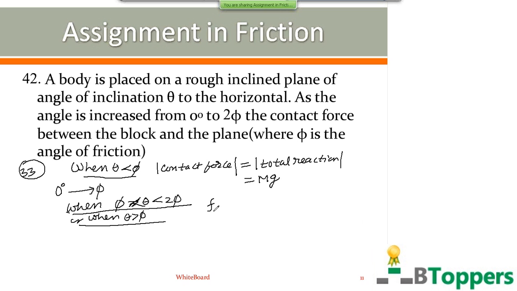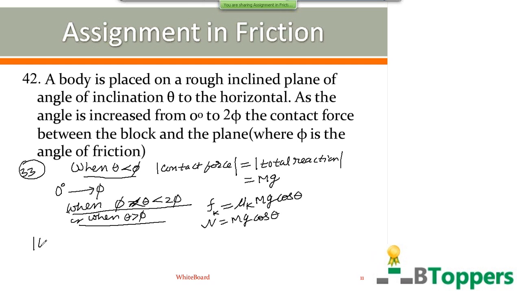In that case, the magnitude of kinetic friction of the block with the inclined plane will be equal to μk times the magnitude of normal reaction. The magnitude of the normal reaction is equal to mg cos theta, so the magnitude of kinetic friction will be equal to μk mg cos theta.